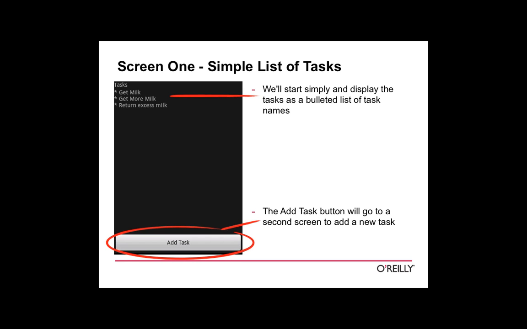What's interesting about this screen, and may not be so obvious, is that the task list needs to take up all of the space on the screen, and given that the button is anchored against the bottom of the screen, that's going to necessitate the use of our relative layout, and you'll see how the ins and outs of that layout work.